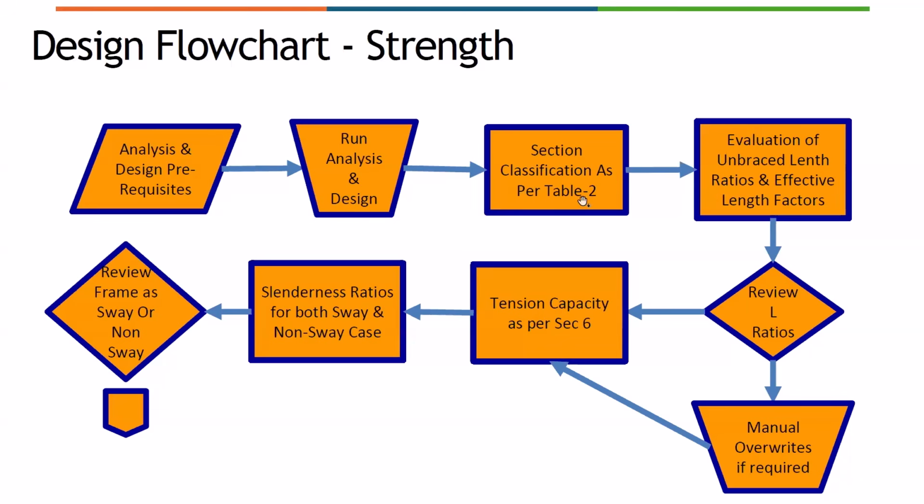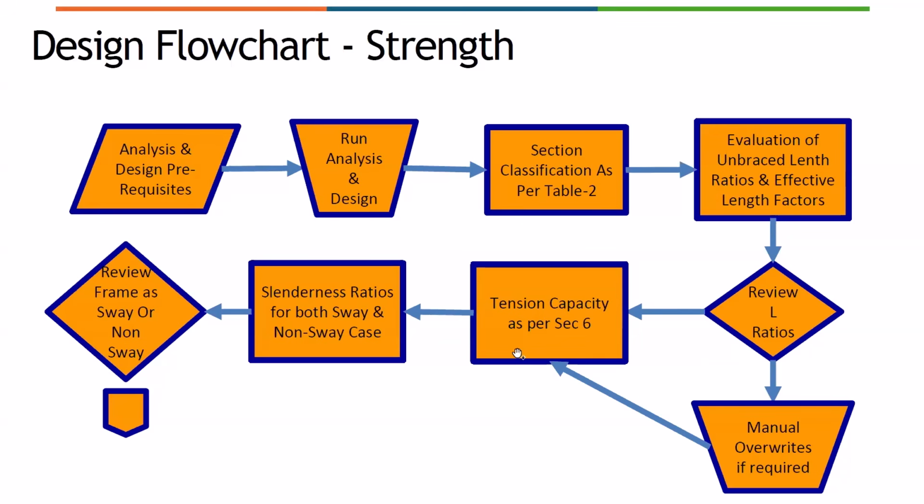The program carries out the section classification as per Table 2 of the IS code. It then evaluates the unbraced length ratios and the effective length factors. After that, the user has to review them, basically the unbraced length ratios, and then he or she can manually override them if required.